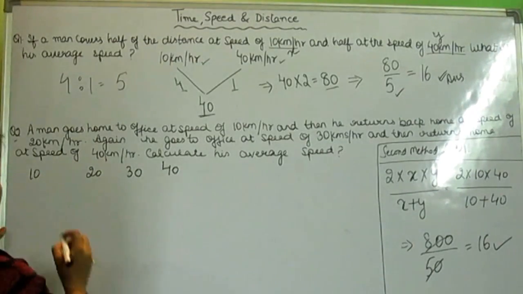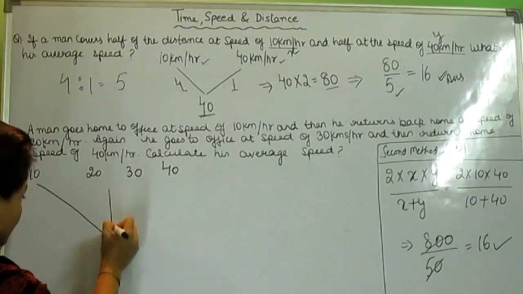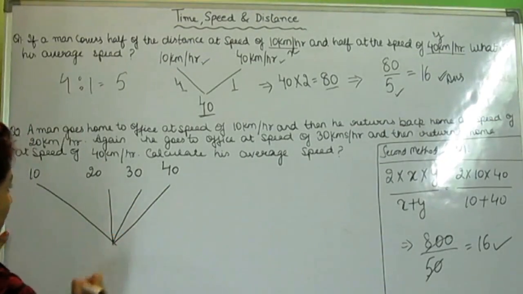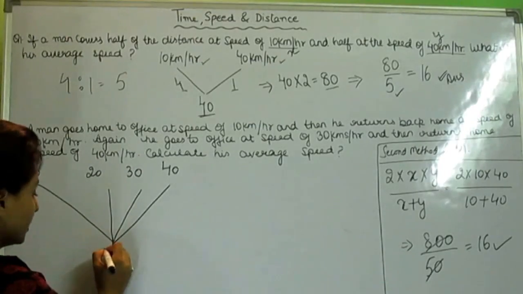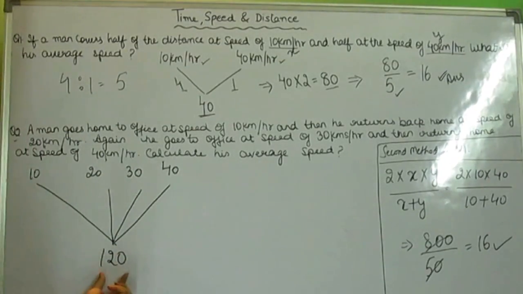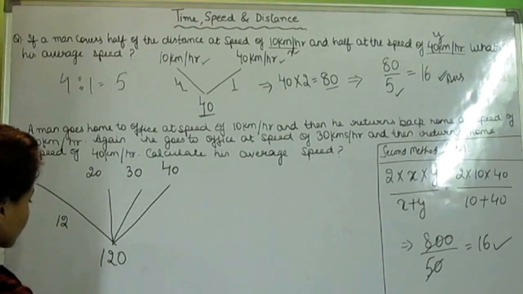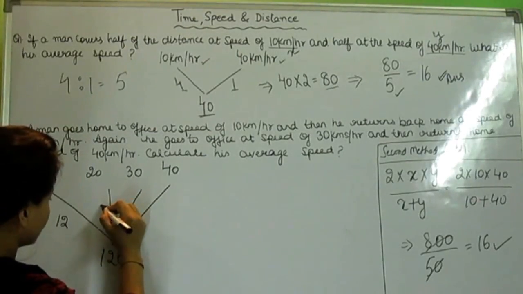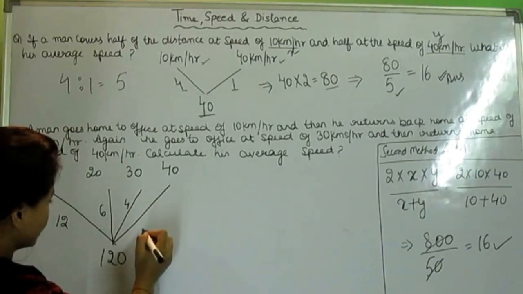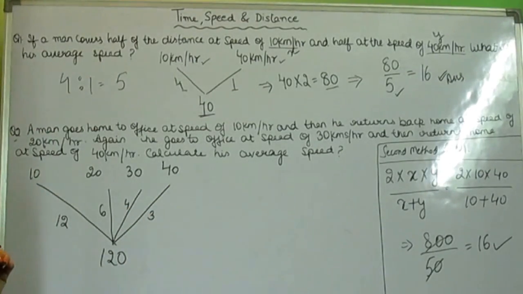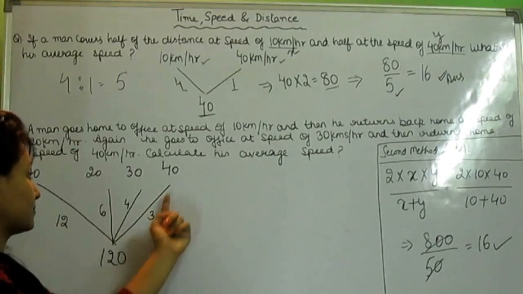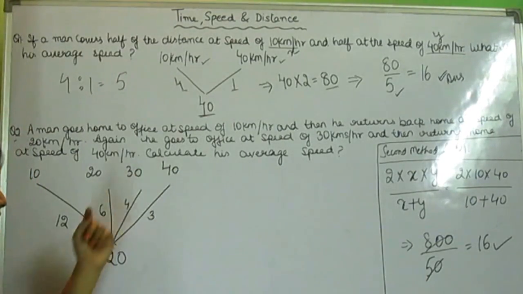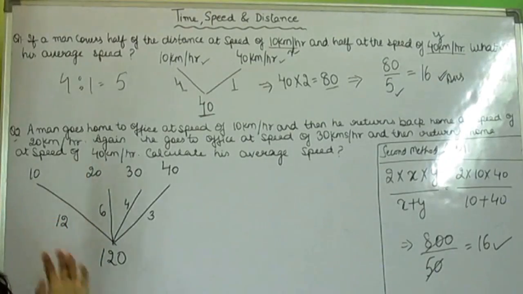So again we are going to take the multiple of these 4. What is the multiple of these 4? That will be 120. 120 is a direct multiple of these 4. 120 is 3 times of 40, 120 is 4 times of 30, 120 is 6 times of 20 and 120 is 12 times of 10.